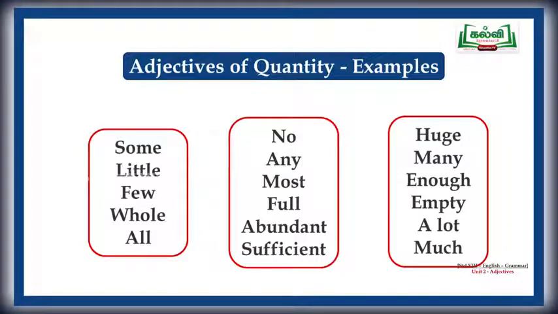Some, little, few, whole, all, no, any, most, full, abundant, sufficient, huge, many, enough, empty, a lot, much. These are some of the examples for adjectives of quantity. It describes the quantity of a noun.